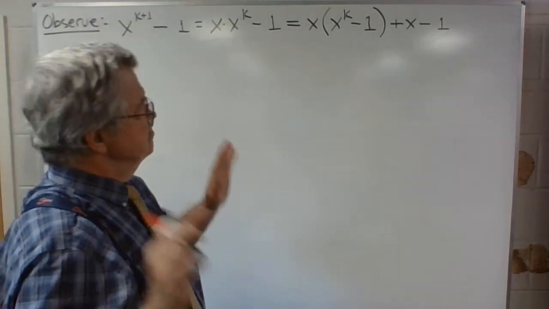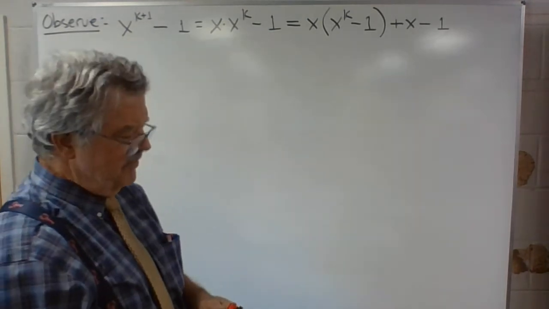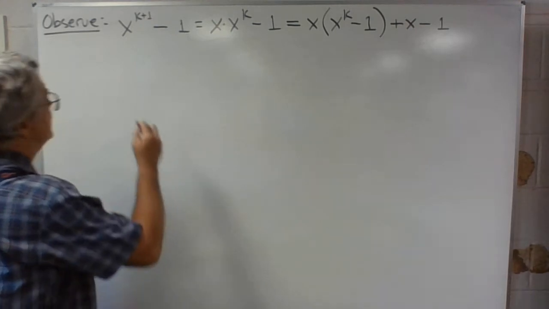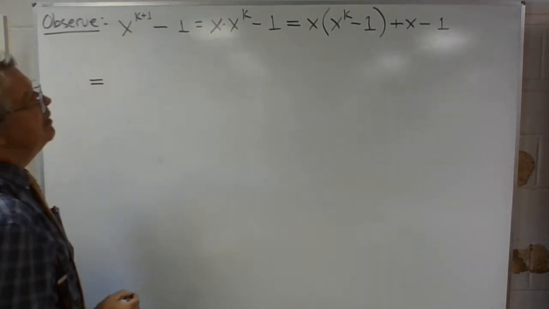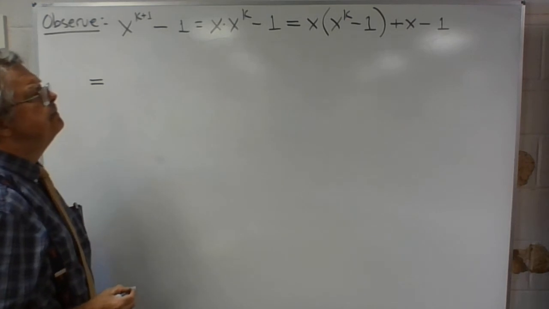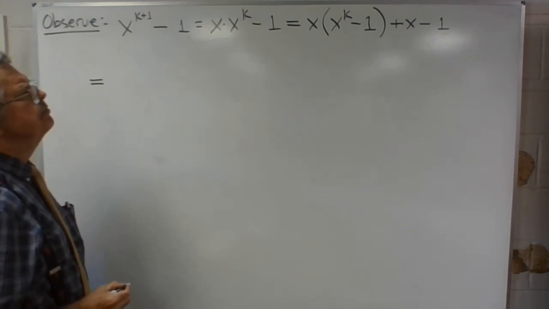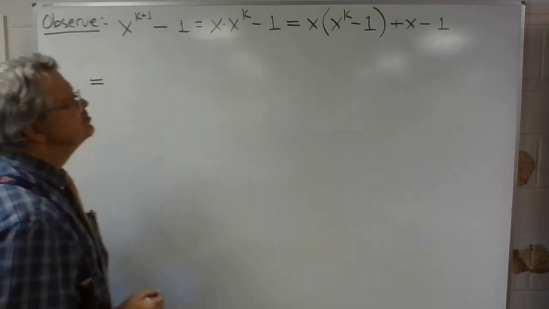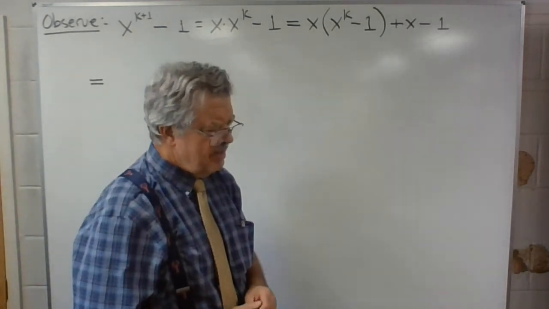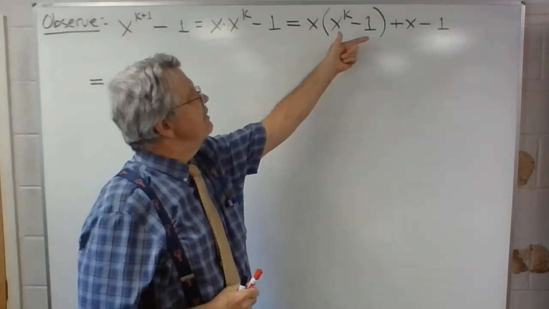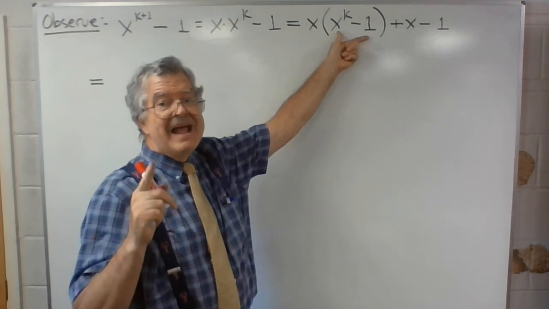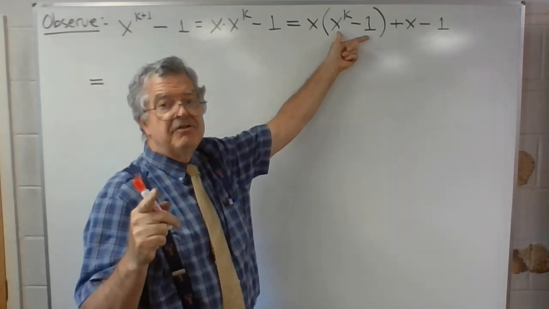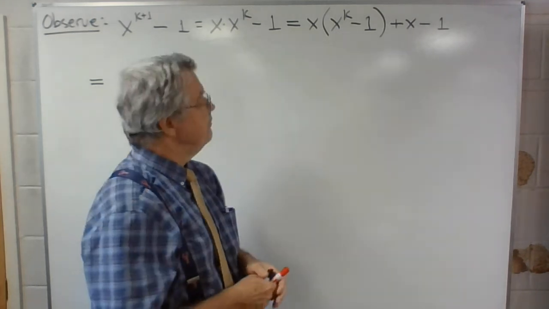So everything's fine. You know what? Now I have things written in terms of x^k - 1. I can use my induction hypothesis.